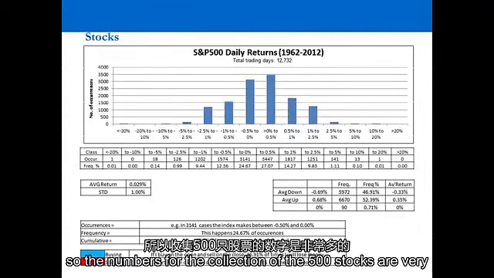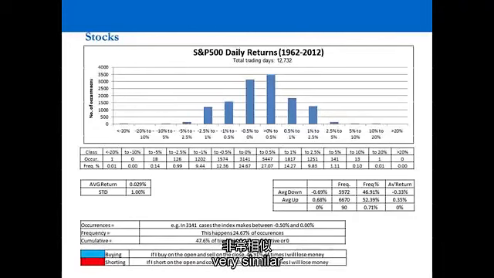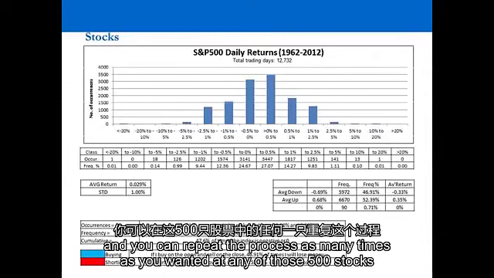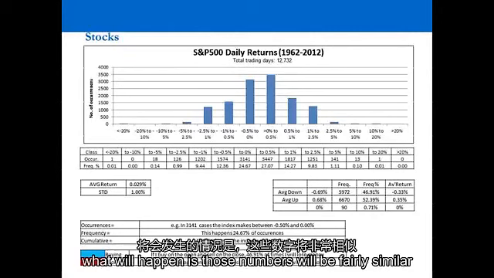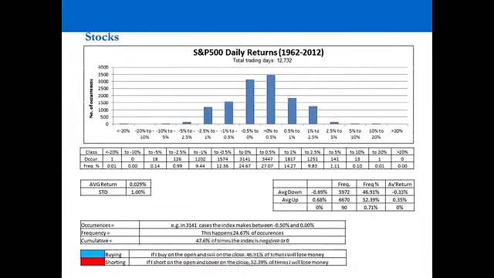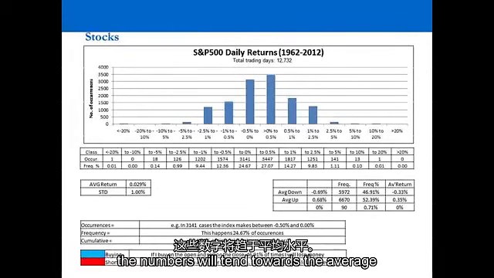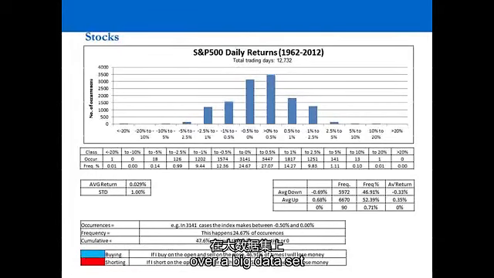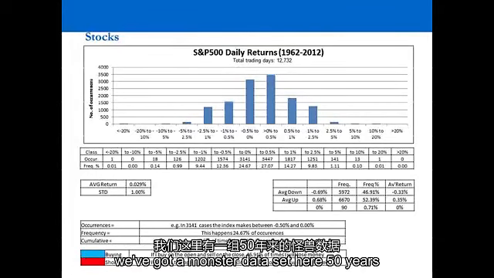So the numbers for the collection of the 500 stocks are very, very similar to the individual stocks themselves. And you can repeat the process as many times as you want in any of those 500 stocks. What will happen is those numbers will be fairly similar and the numbers will tend towards the average over a big data set. And we've got a monster data set here, 50 years.